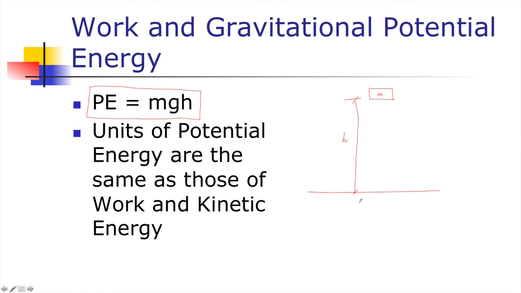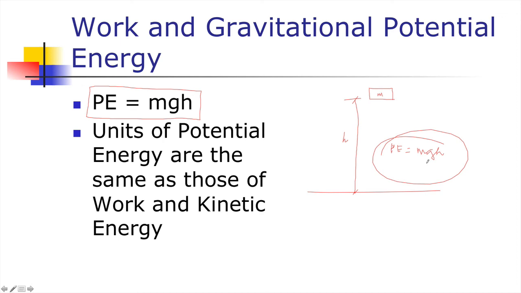It can break a glass, it can do some damage. You can translate that as work. It means it has a potential energy. So potential energy of a certain object relative to a certain surface is equivalent to mass times gravity times height. M is the mass of the object, g is 9.8 or 10 meters per second squared, and h is, of course, the height.